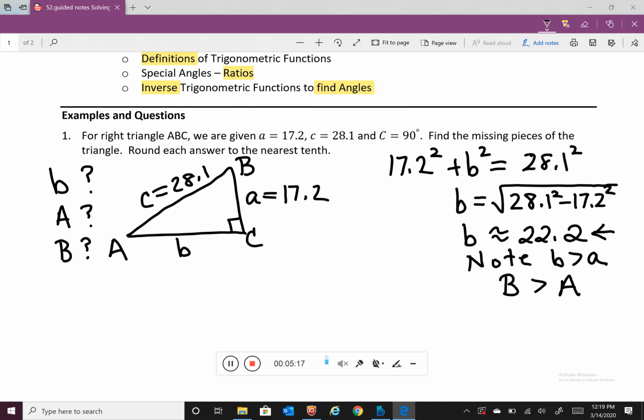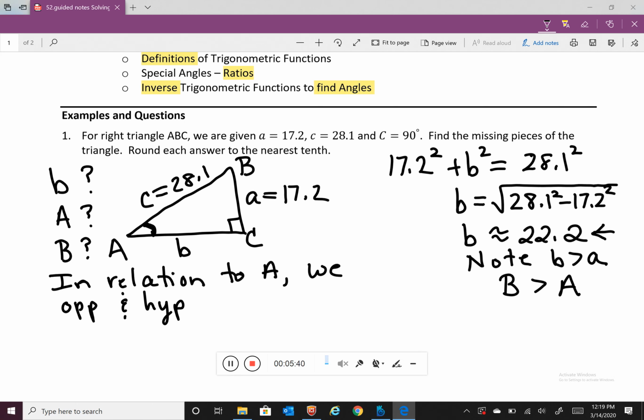Now let's focus on angle A. In relation to angle A, what do we have? In relation to angle A, we have the opposite side and we have the hypotenuse. So that means we're going to use sine.